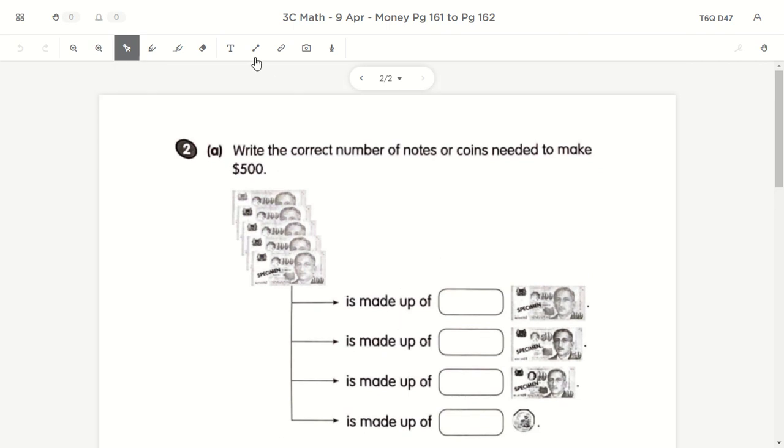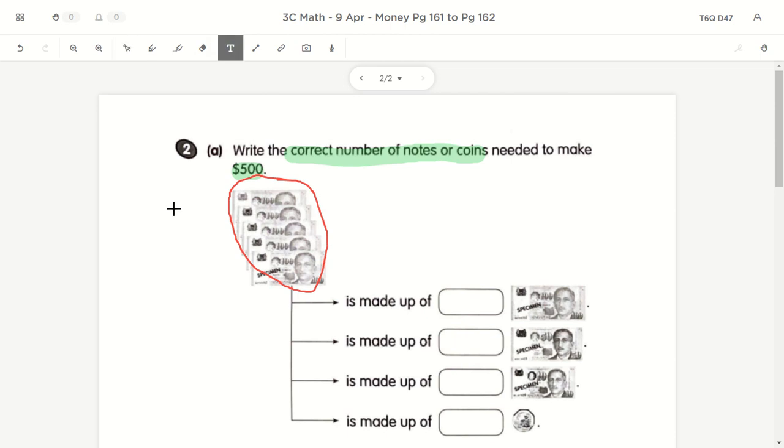Okay, so similarly, now I have this question. I want to write the correct number of notes or coins that I need to make 500. So in question 1A, we did $1000. Now I want $500. So let's see how much I have here first. Over here I have how much? Let's count. I have 1, 2, 3, 4, 5.